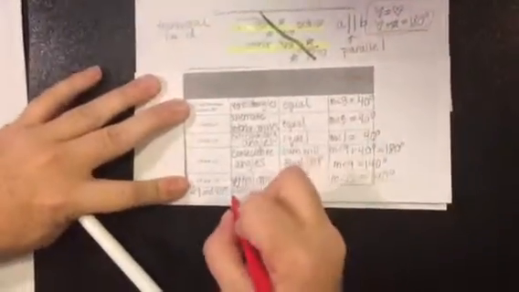Now, since they're alternate, we have to determine if they are inside our parallel lines or outside our parallel lines. When we look, our yellow lines are our parallel lines. These two angles are outside of our parallel lines. Therefore, they are named alternate exterior angles.